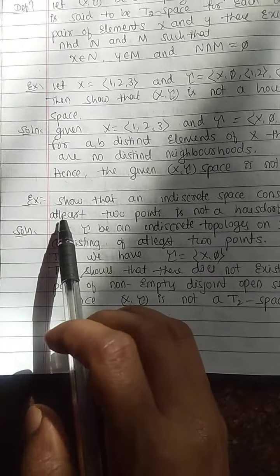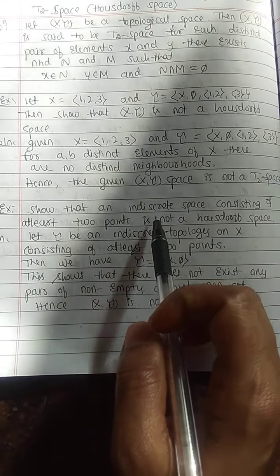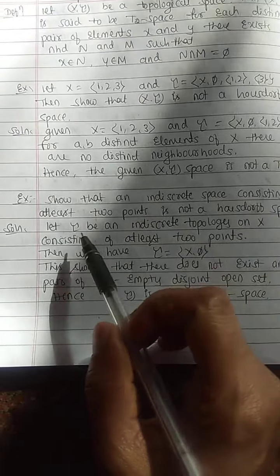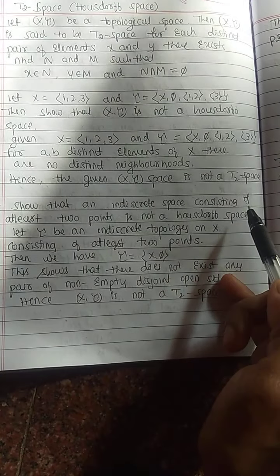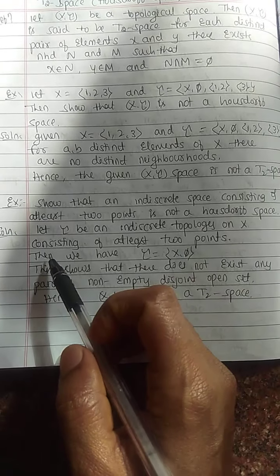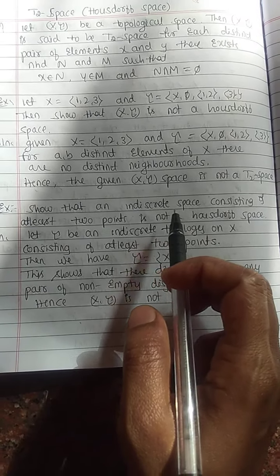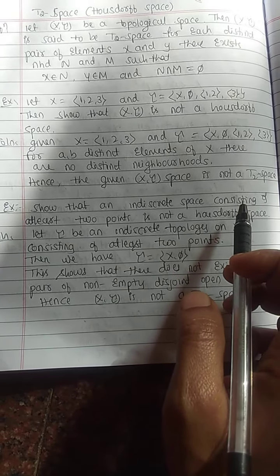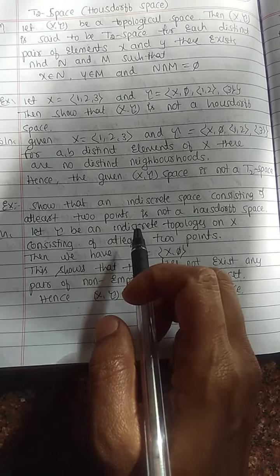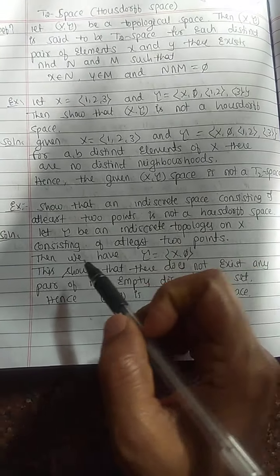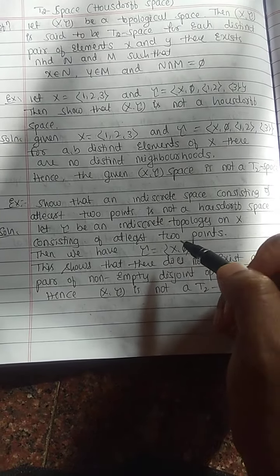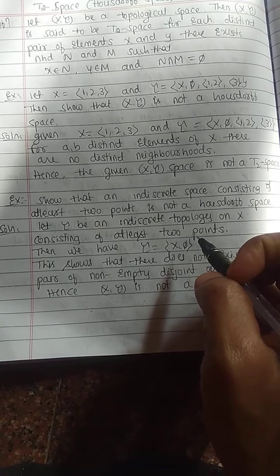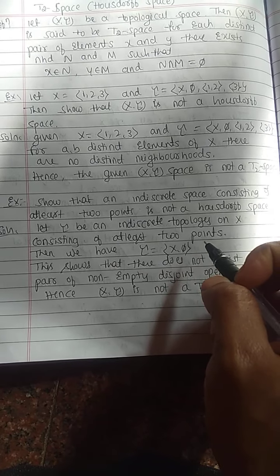Next example: show that an indiscrete space consisting of at least 2 points is not a Hausdorff space. Let tau be the indiscrete topology on X consisting of at least 2 points.